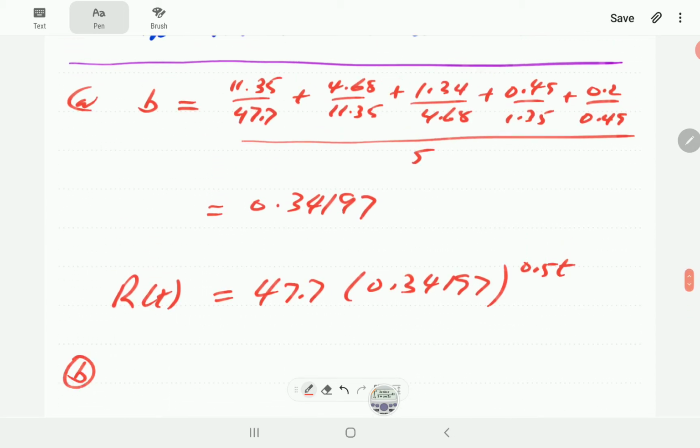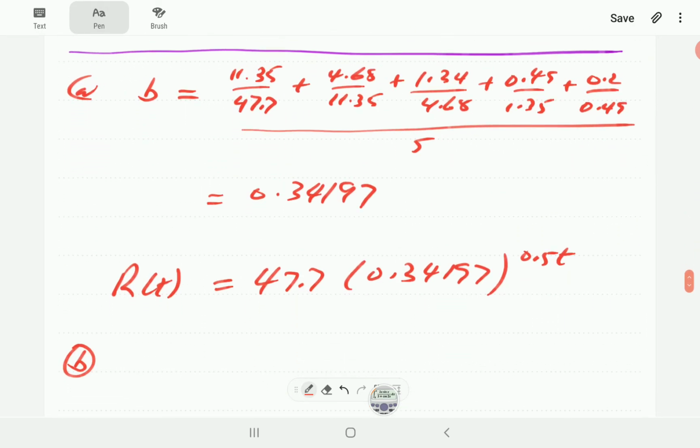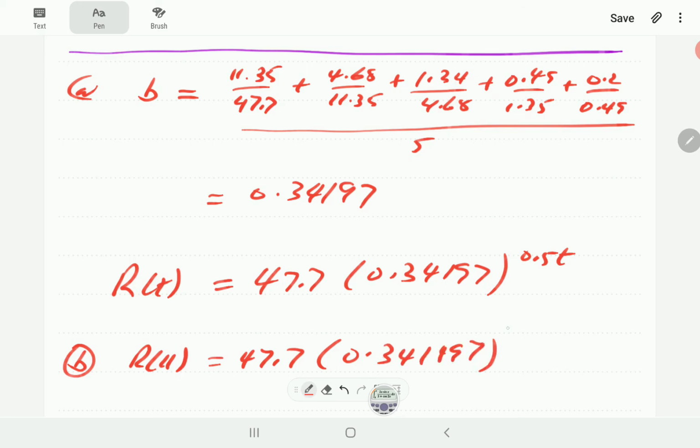Then for week number 12, using the time that we have adopted here, week number 11 is 10, so week number 12 is going to be 11, so this is going to be R of 11, 47.7, 0.34197.